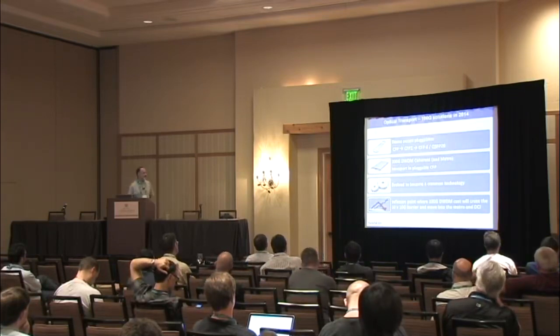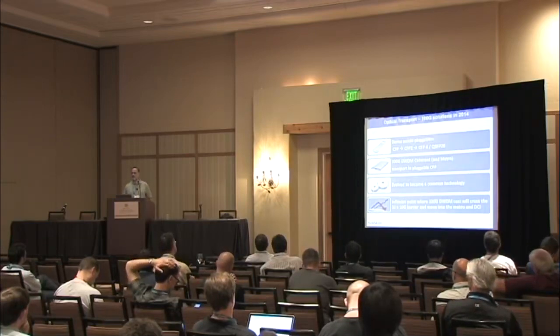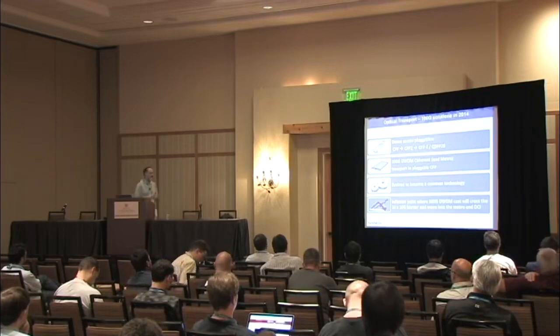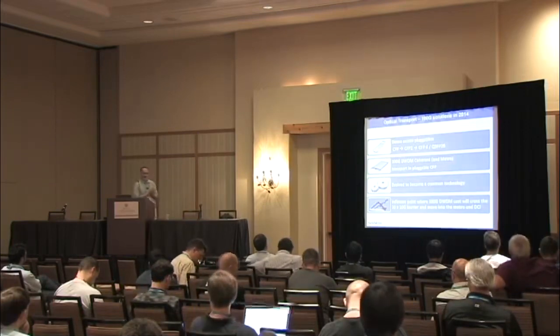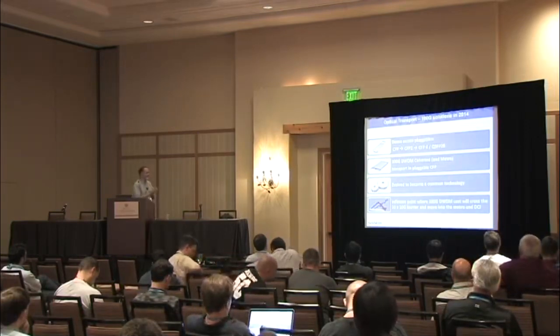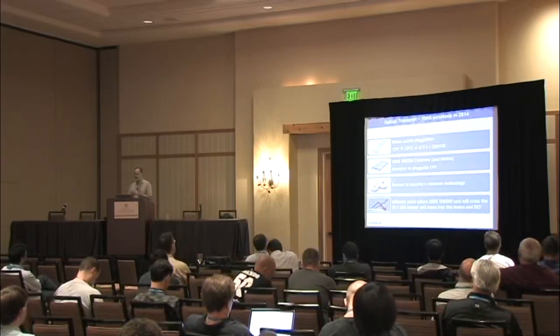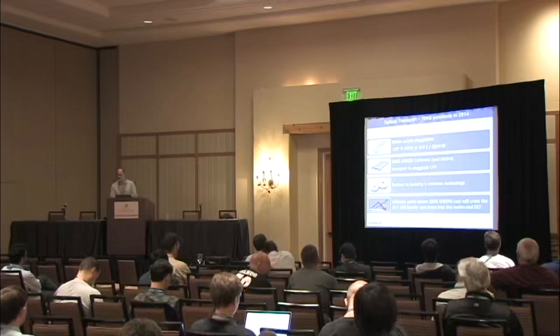So in 2014, the 100 gig technology is going to become not commodity, but common. It's not going to be something that is difficult to achieve. It's going to be difficult to pay for, and it's going to be a pluggable technology like the 10 gig today. We are basically at an inflection point where 100 gig DWDM will cross the 10 by 10 gig barrier.